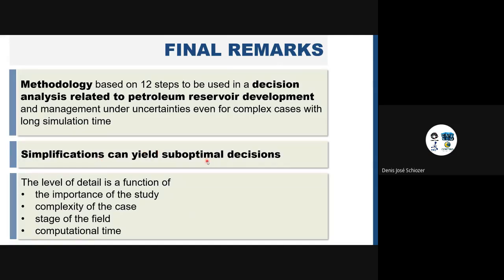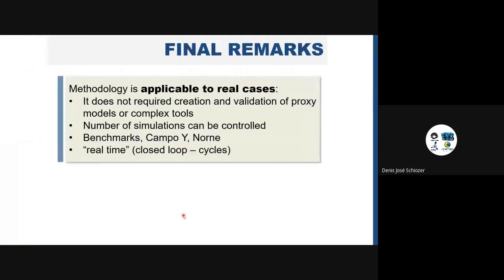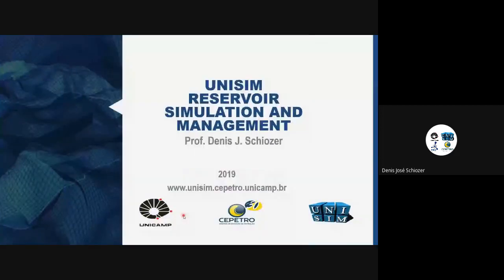We need to work a lot in these models, in these concepts, in order to have good decisions for the reservoir. And we're going to learn how to do this not only in the classes, but also in some of the projects. After I finish this talk, I'm going to explain how the projects will be. Okay, so I think that's the most important thing, and that's it.